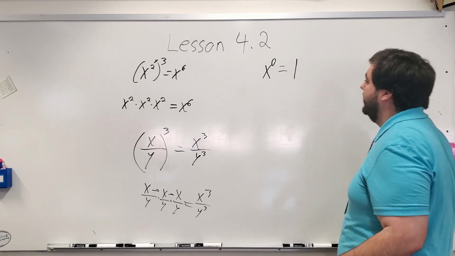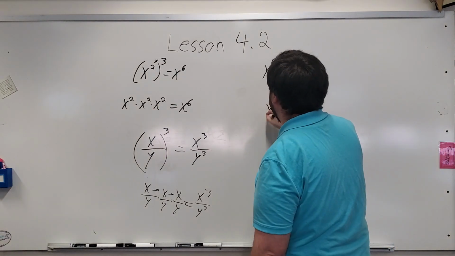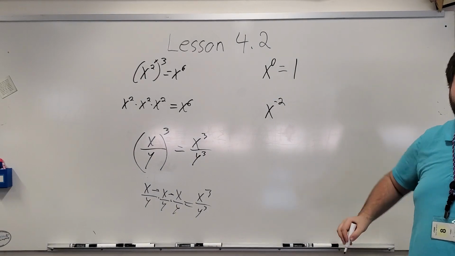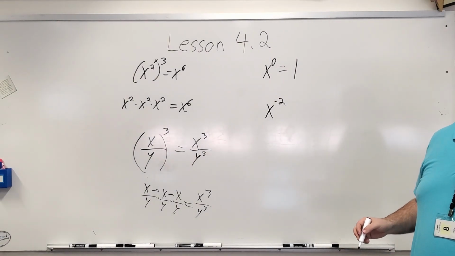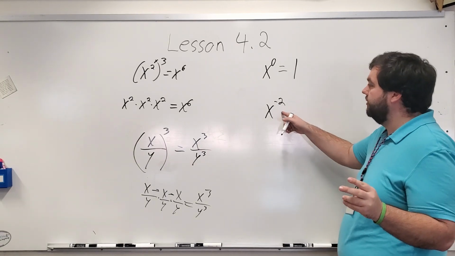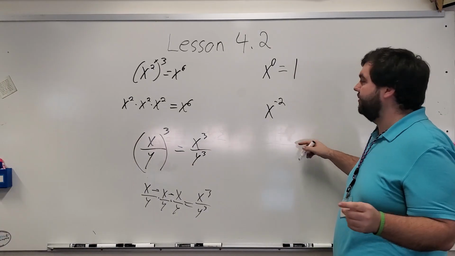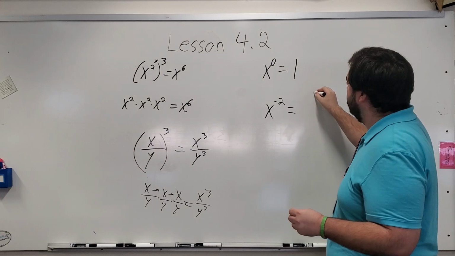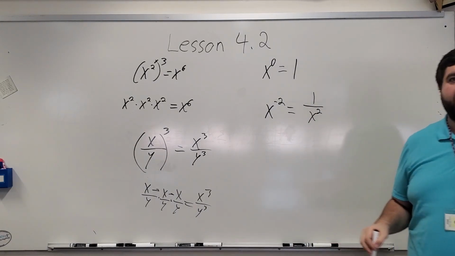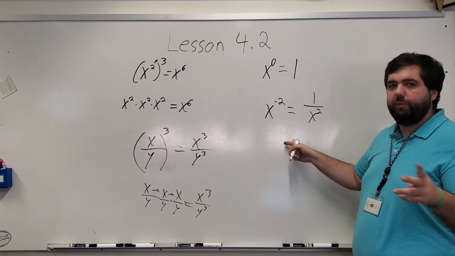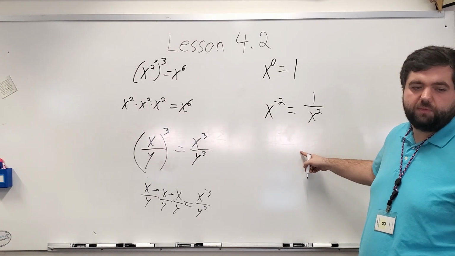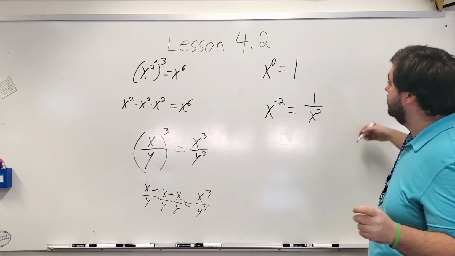Next, I have the negative exponent rule. So let's say I have x to some negative power, negative 2, right? All that means is it's in the bottom of a fraction. So this is really equal to 1 over x squared, okay? And think about it when we go back to the quotient rule, right?